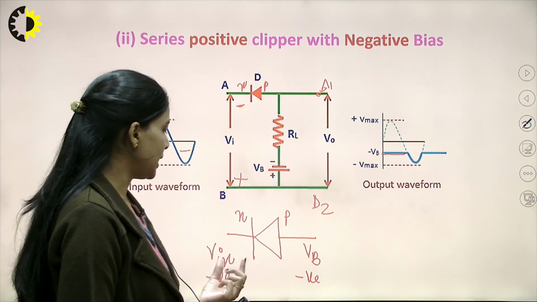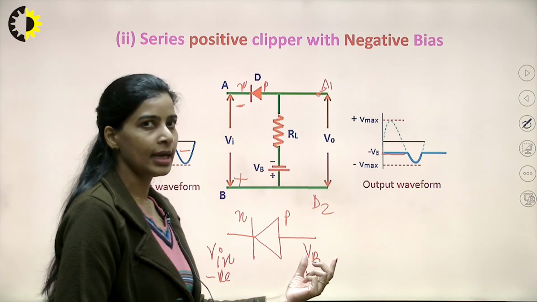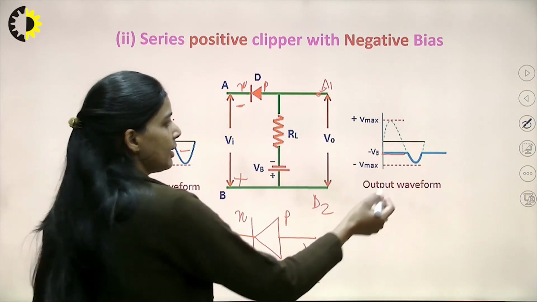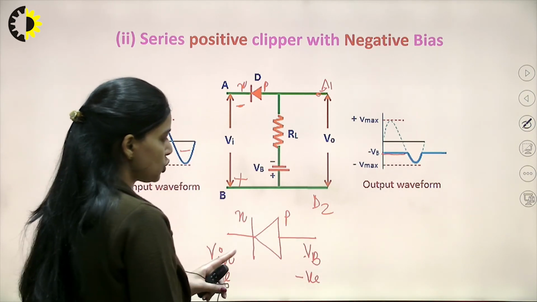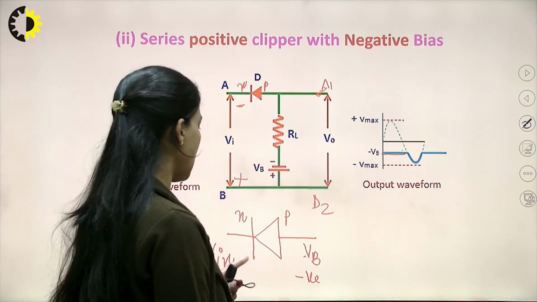So, when the input side is more negative as compared to this side, then the diode will be forward biased. So, here at the output you can see when the input voltage is reaching up to VB, we are not getting any output.